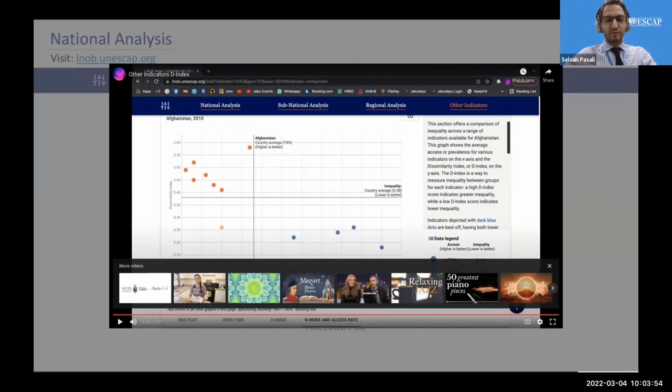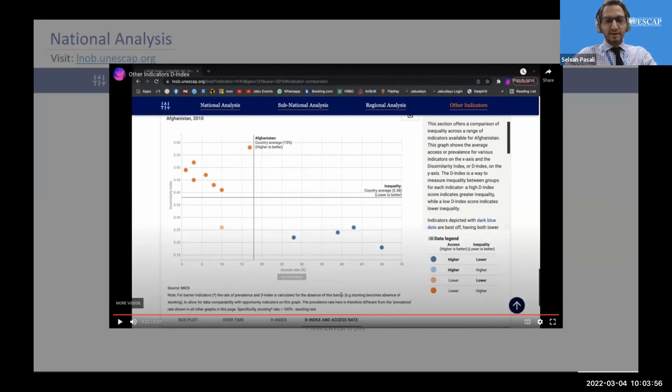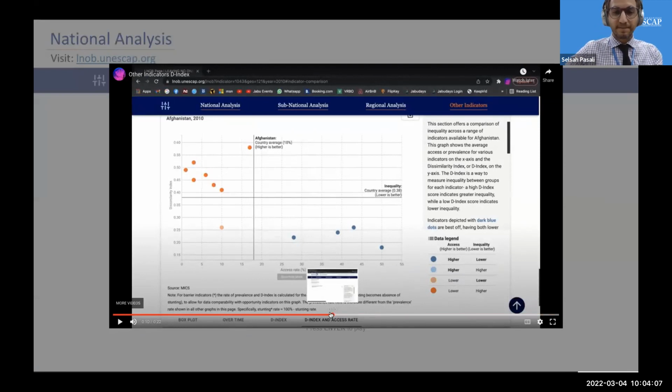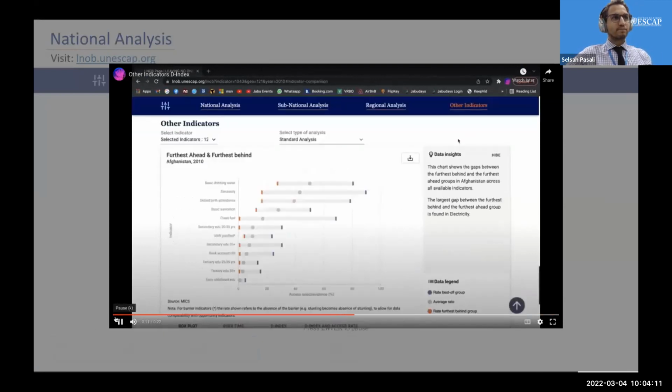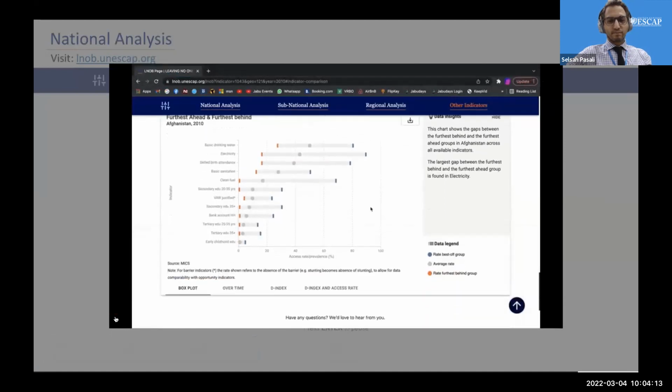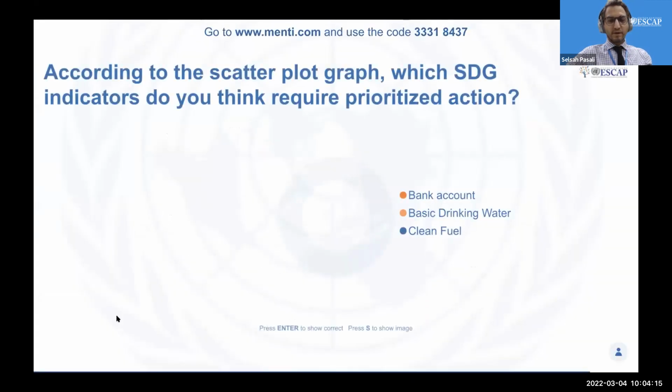It doesn't matter at this point because we're going to the last panel where we'll be comparing all indicators in terms of their inequality and prevalence. So I hope you're getting there on the platform, and we're almost there, I promise.